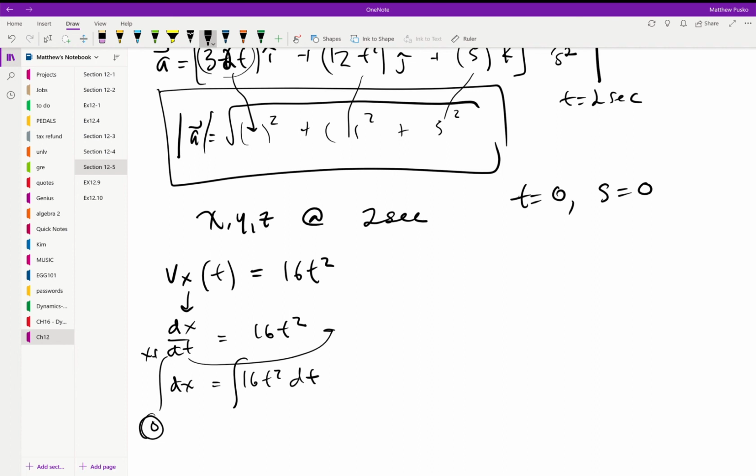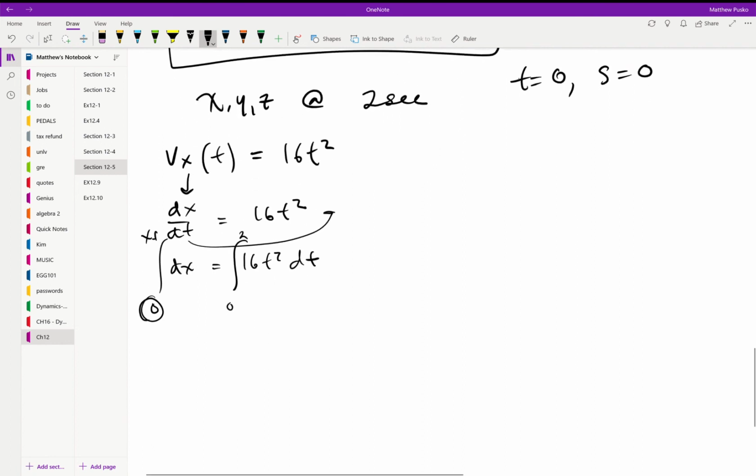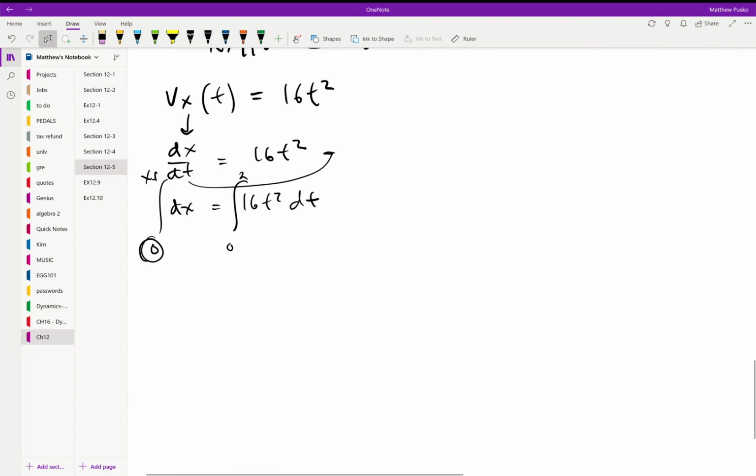And we can integrate the other side from 0 to 2. And we would do that for each component. So this one gives me x as a function of time. That's 16/3 t to the third.